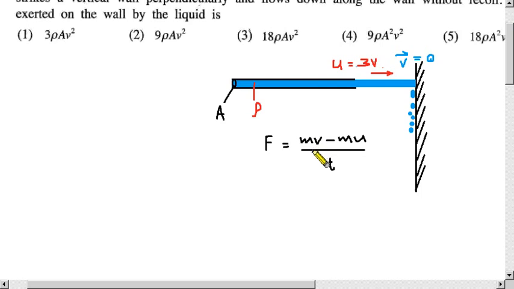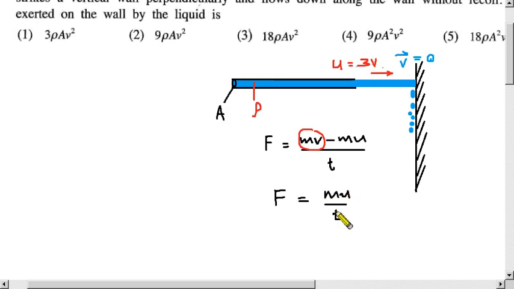The rate of momentum change is equal to the force. So here this v equals 0, therefore this term we don't have to consider, totally it is 0. Then we can write F equals just mu divided by t.